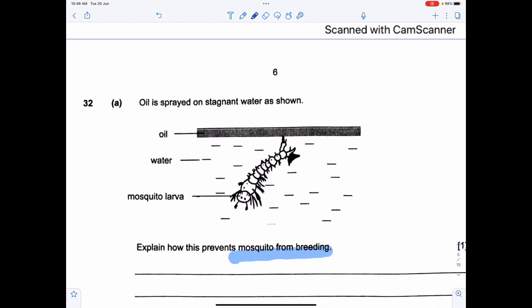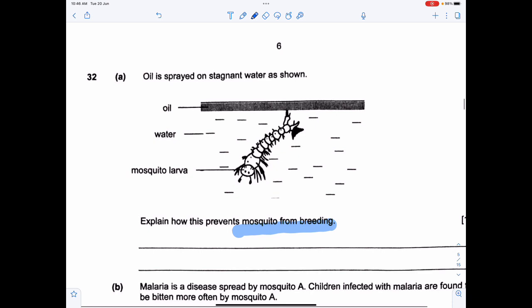Okay, so the correct answer is that it prevents your mosquito larva from getting oxygen or from breathing. Okay, you see, even when I'm talking, I actually said the wrong answer. Let's rephrase that. It prevents the mosquito larvae or larva from getting oxygen.